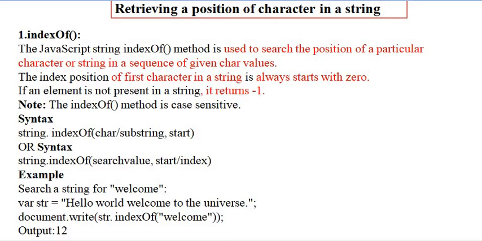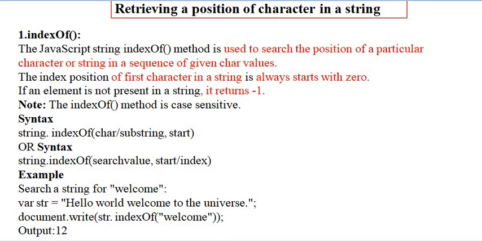The syntax of the indexOf method is string.indexOf(char or substring), and here you write the char or substring, also a comma and start. You can also write this syntax like this: string.indexOf(searchvalue, start or index). Here you can write start or index also.